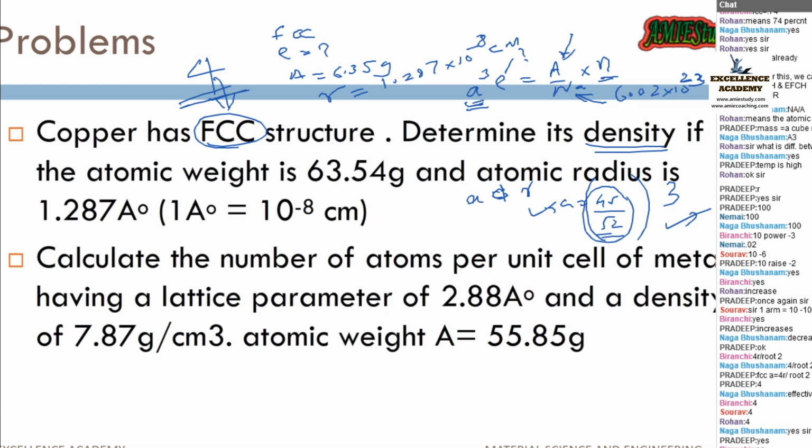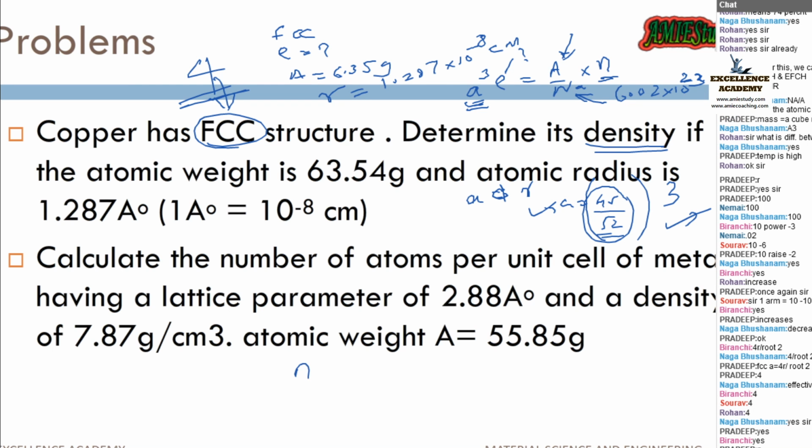Okay, next is, then please read the question and give me the notation. Please type the notation while reading. Calculate the number of atoms. So what do you have to write? n equals question mark.